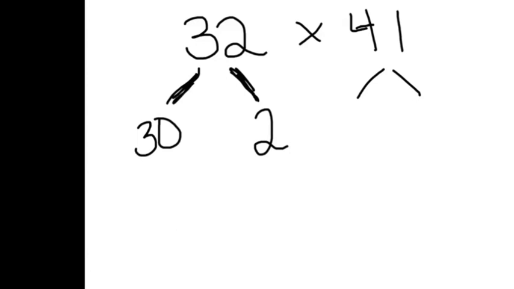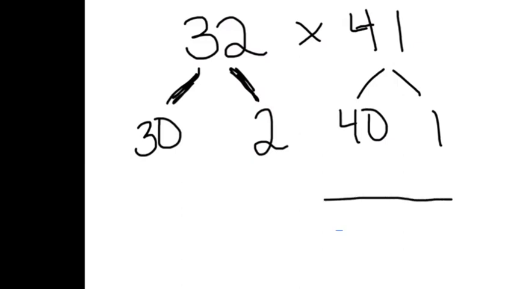Kyler, can you break apart 41 for me? 1 one. 1 one, nice. And then 4 tens. And then 4 tens, which is 40. Nice. Okay. Now that we've broken this apart, this is super easy for us because we only really have to multiply these numbers together and then we can add them up.